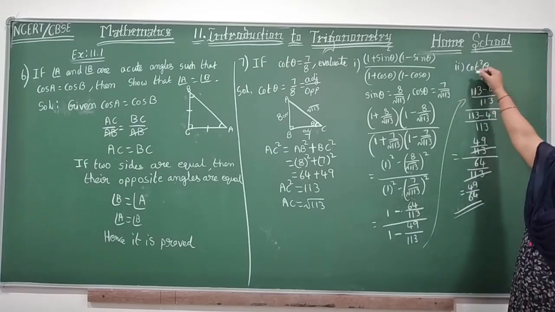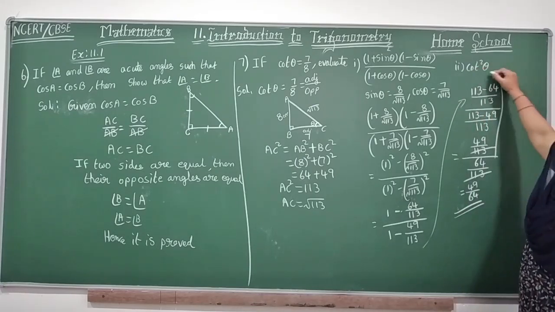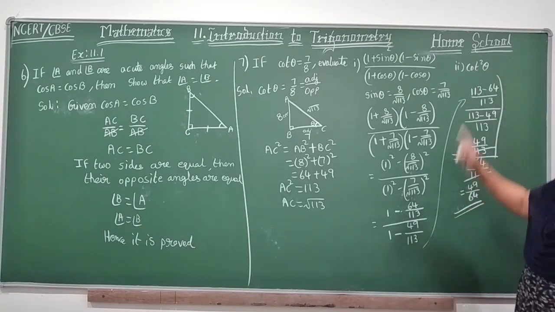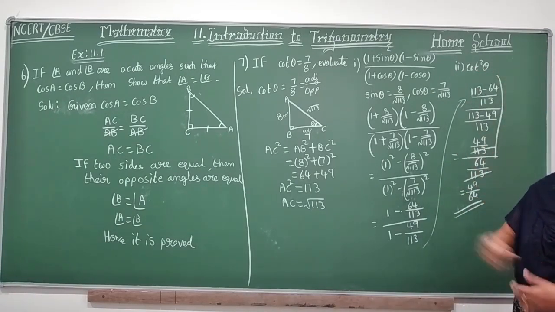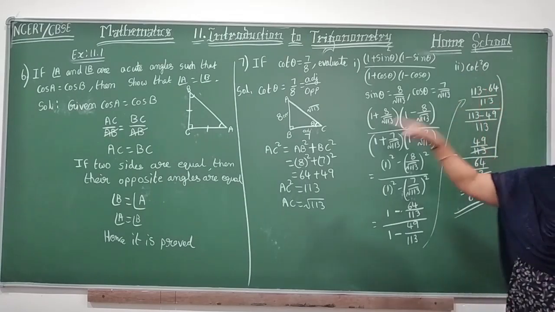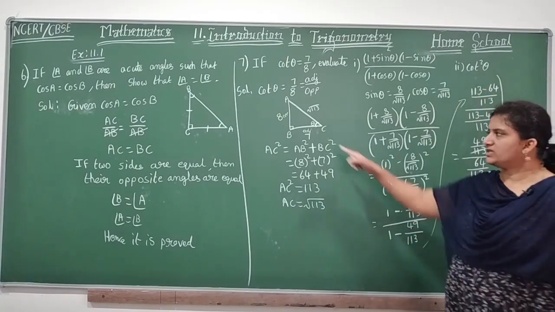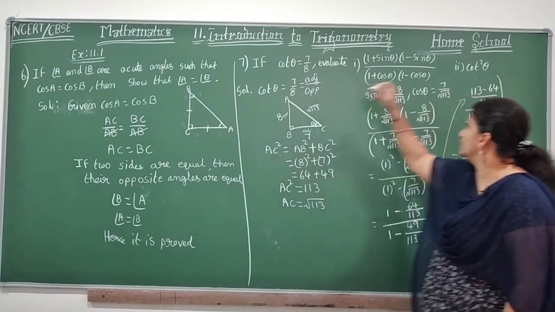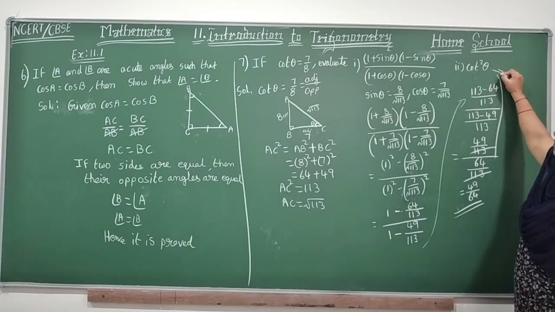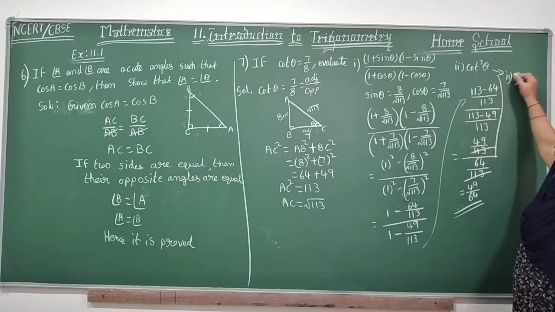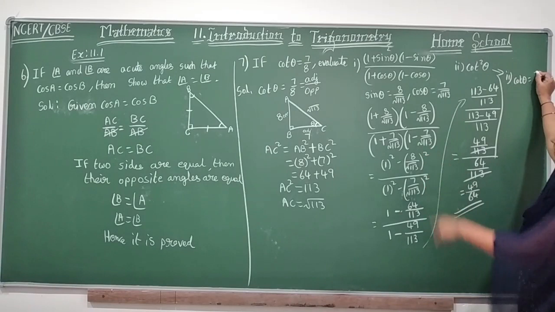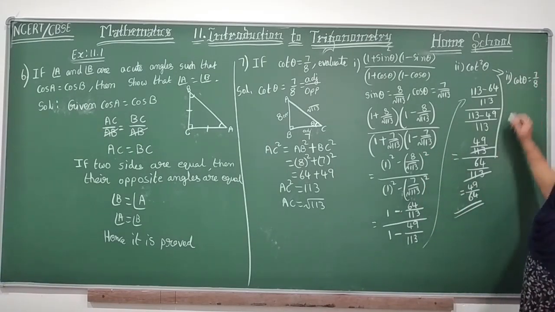One more sub question we have here. Where is the sub question? Cot square theta. What is cot square theta? To find this, we should find cot theta. What is cot theta, children? Adjacent by opposite. Second sub question, cot theta: adjacent by opposite, 7 by 8.